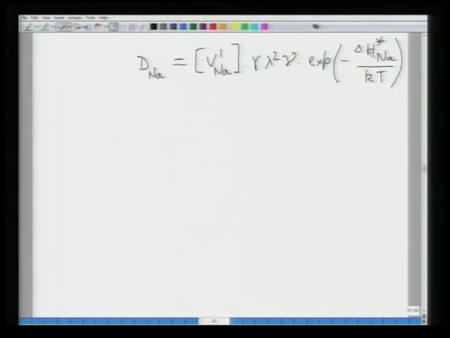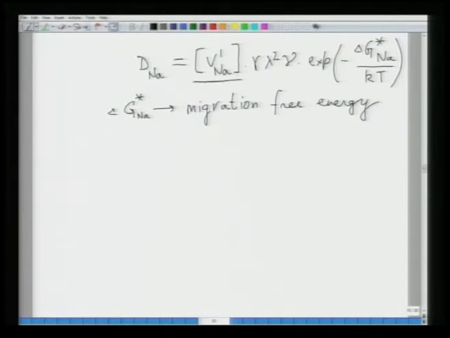In fact, it should be delta G star, because we will break it down a little later. If this is the expression for diffusivity, delta G star Na is nothing but the migration free energy associated with sodium vacancies, and V_Na is the sodium vacancy concentration.